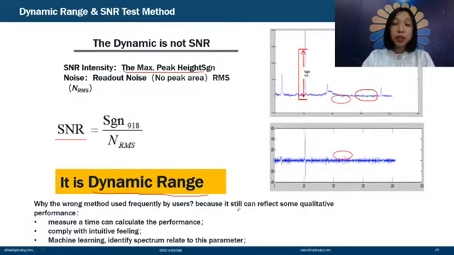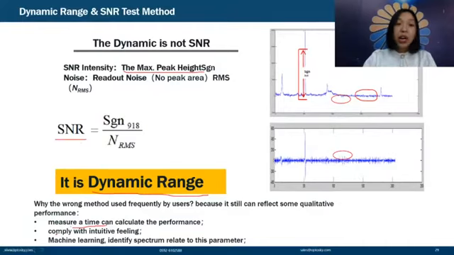But why do customers use it frequently? They still use it because it can reflect a partial performance of a spectrometer. Firstly, it's very easy to measure. You only need to acquire one spectrum, and you can obtain this value.